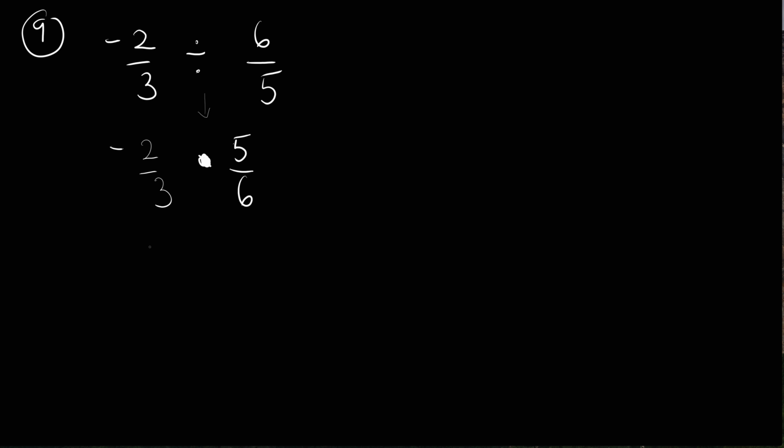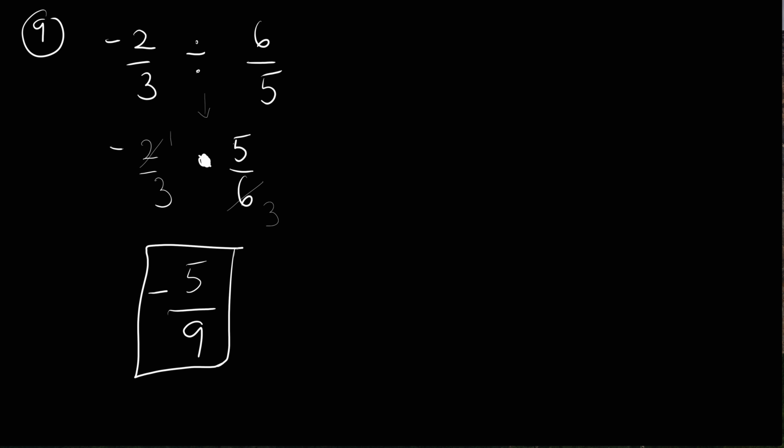After you're done with the reciprocal, try to reduce before you multiply. So 2 goes into here once, 2 goes into here 3 times. You can only do top and bottom. You cannot do left and right. So you're left with negative 1 times 5, which is going to be negative 5 over 3 times 3, which is going to be 9. Therefore, that's your final answer.